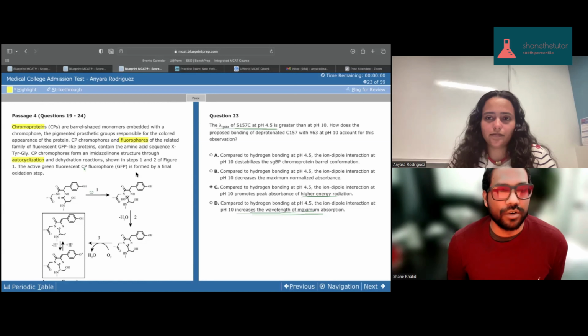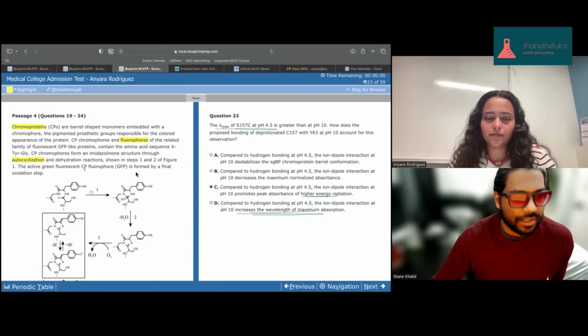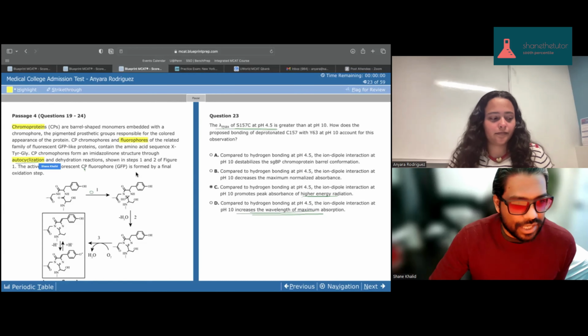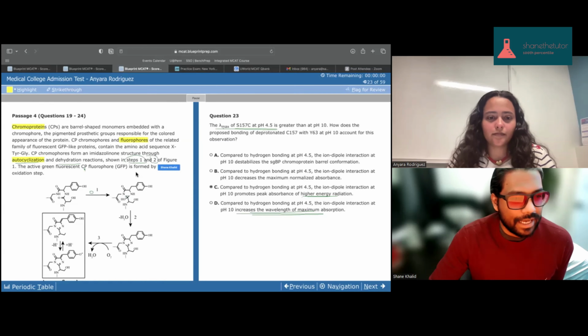When we first started reading this, they mentioned that autocyclization happens in step 1, dehydration in step 2, right? And then a final oxidation step.